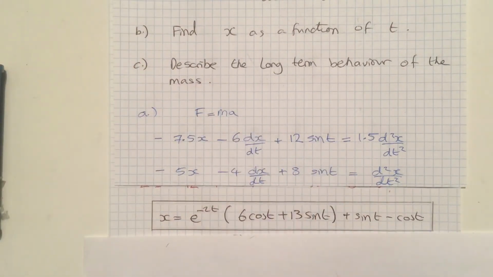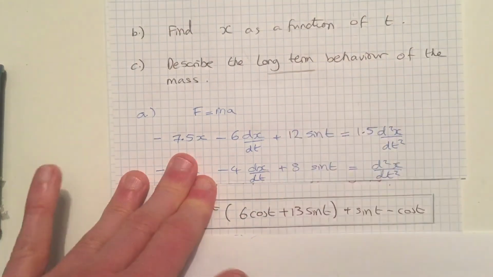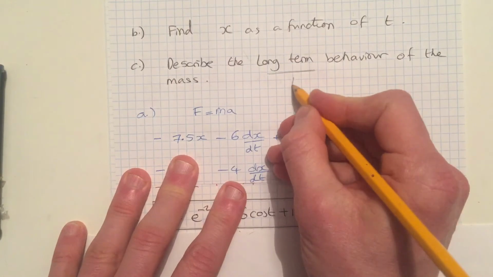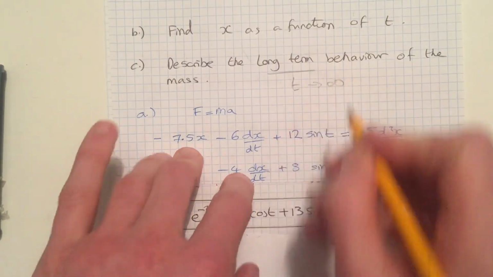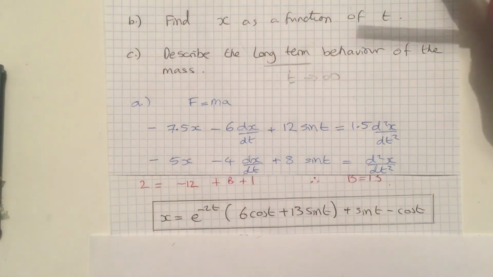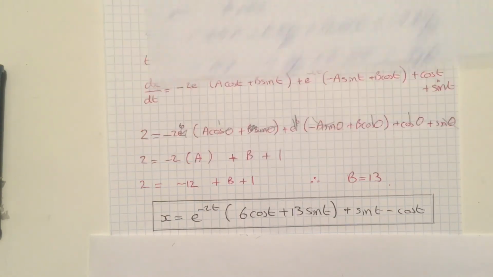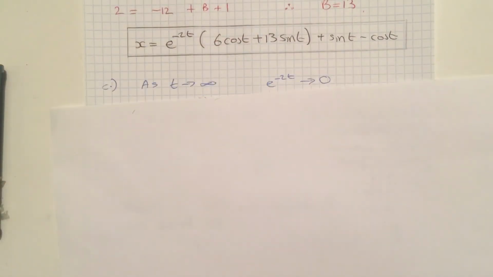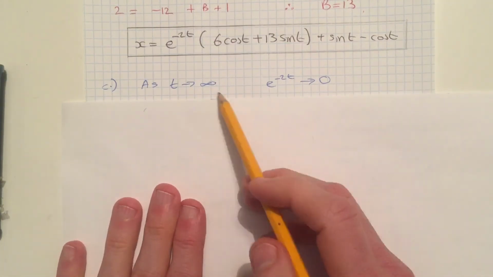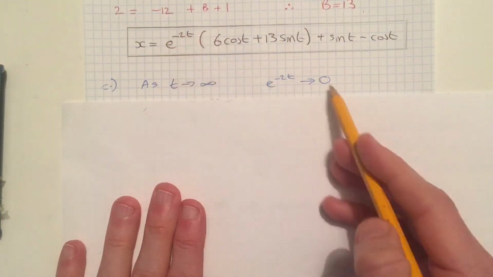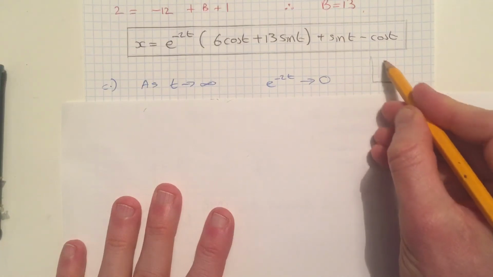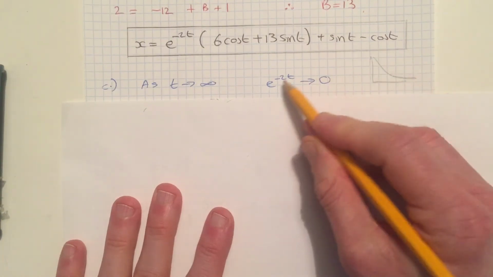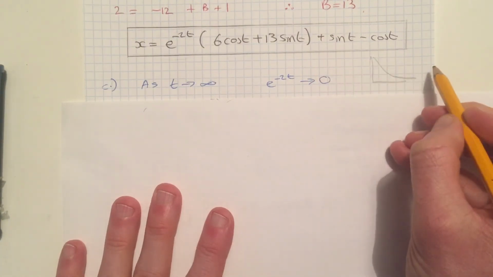Finally, part C. Describe the long-term behaviour of the mass. So long-term. So that's suggesting what happens as t becomes a really large number, as t tends towards infinity. So as t tends towards infinity, I know that my exponential will tend towards 0, because we know that the e to the minus will look like this.